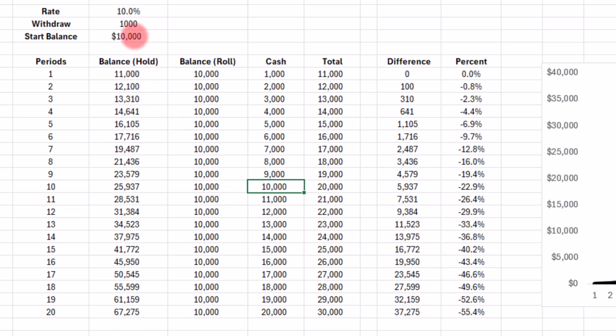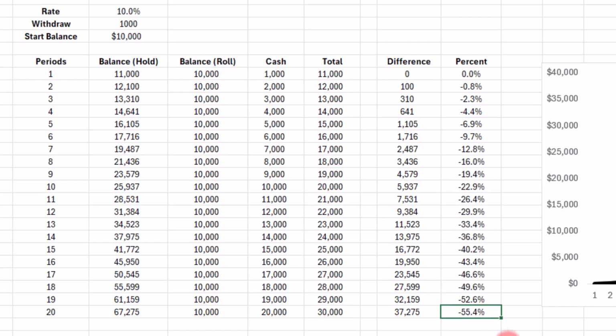I put $10,000 into it. Look at this. I've got $10,000 sitting in money market. So now I have no risk. And yet I still have shares. What a great thing. Well, okay, but if you hadn't rolled, you'd have almost 23% more money. And after 20 years, 55% more money.